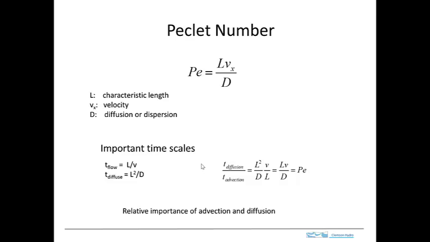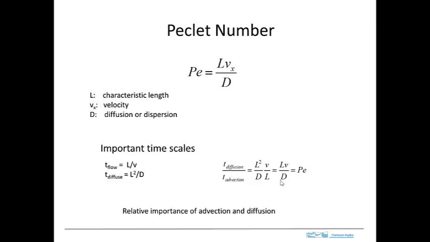So it's the characteristic rate of advection, so the advection time is down here, and then the diffusion time is up here. And so we take the times that are defined here. The diffusion time is L squared over D. The advection time is L over V. We get a little bit of cancellation of the L's, and we get that for the Peclet number.